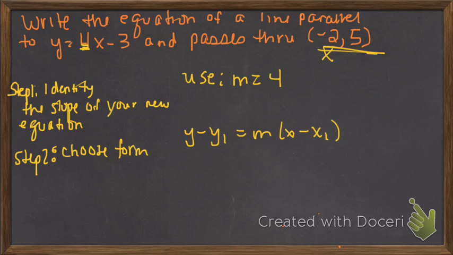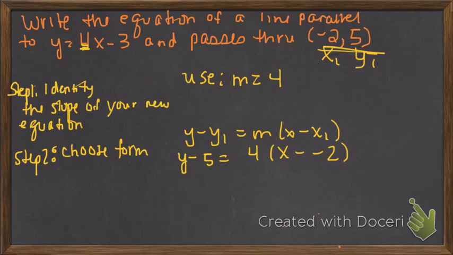Remember, this is an x and that's a y. Don't let those double negatives get you, right? X is -2, and there's a subtraction sign in the form.